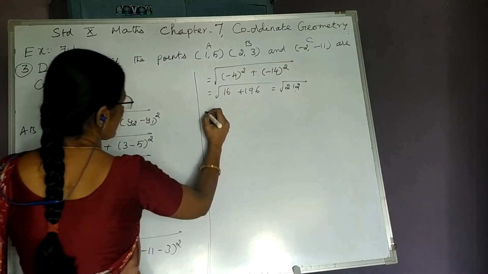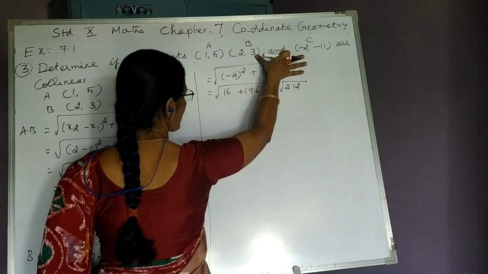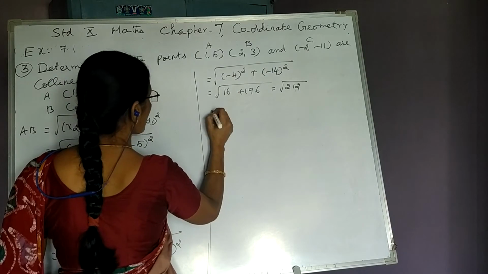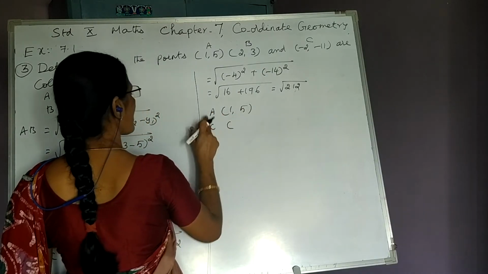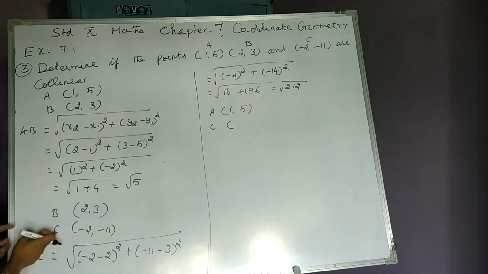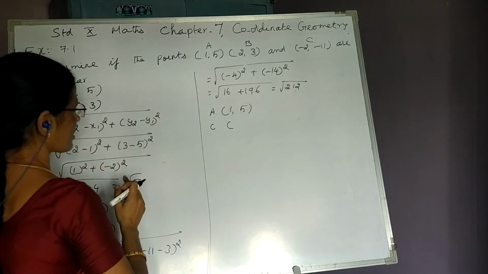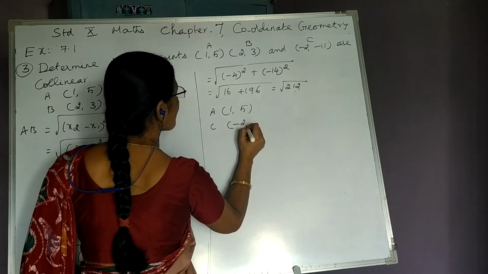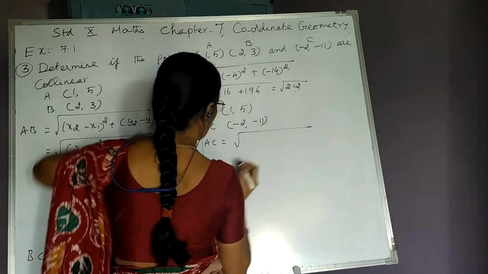Right. Then we go for AC. We found AB, found BC. Now A and C, the distance between A and C, is left over. Again I copy the points. Remember, out of A and C, anyone can be copied first and second. Similarly, B and C, anyone can be taken above and below. Same case with AB, because we know distance AB equals distance BA. I find the AC.